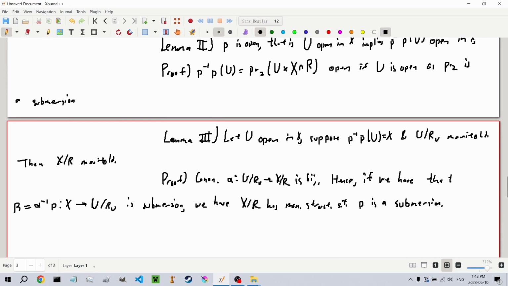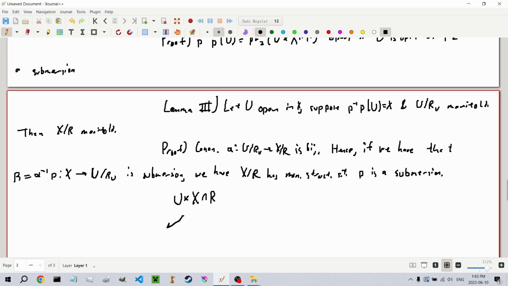Now we have a diagram to look at our situation here. We have U times X intersect R. We can project this onto its first component as U, or its second component as X. By U, we can get it to the restriction of U, to U over R of U. By the restriction of beta to U, from X, we can just use all of beta.